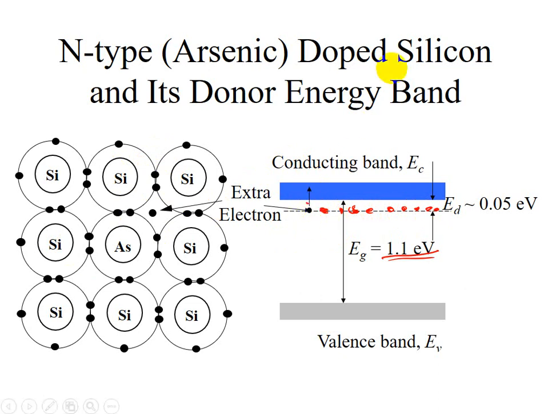If extra energy comes in, either by heat or by electromagnetic radiation, the electron at the donor level absorbs energy and can jump to the conducting band.